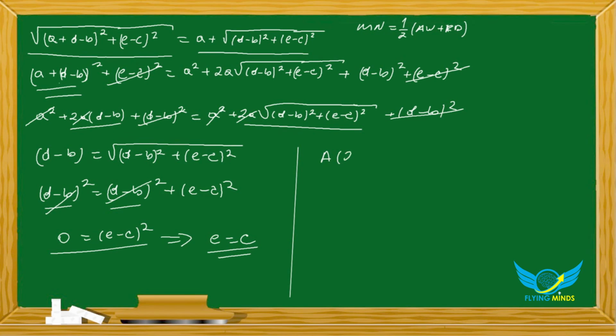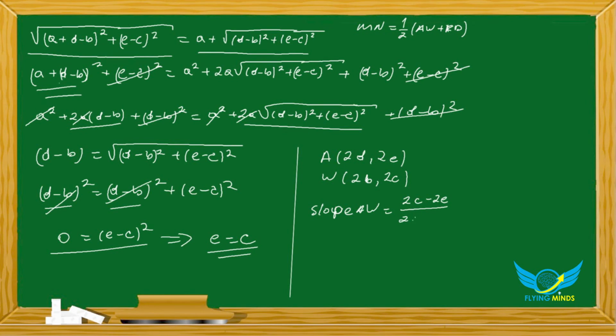Coordinates of A are 2D and 2E. Coordinates of point W are 2B and 2C. And the slope of AW equals 2c minus 2e over 2b minus 2d.